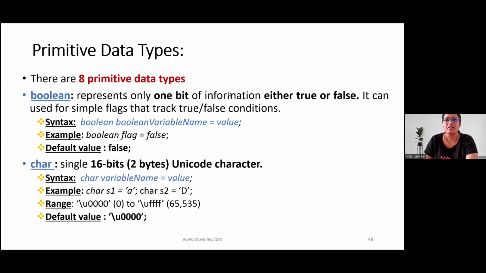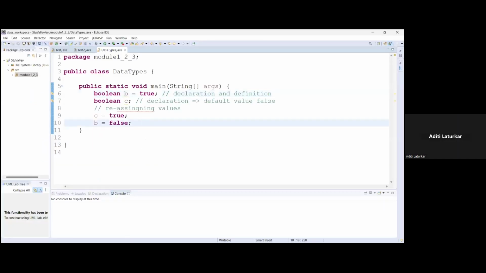Then we have seen the character data type, where we can store any character data. So character data, everything from your keyboard is a character. Suppose you want to store a character, we will use the char keyword. Remember that we cannot use the same variable name here.